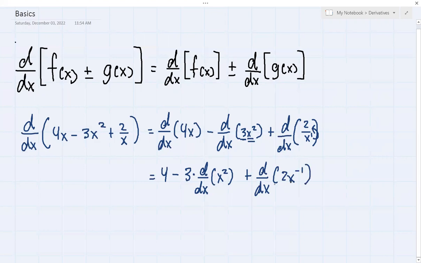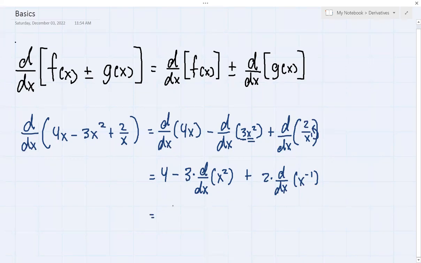And as you can see, meron tayong constant at meron tayong algebraic function na x raised to negative 1. Anong gagawin natin? Ilabas natin si constant. Okay? So magiging 2 times the derivative of x raised to negative 1. O, diba? Yun lang. Okay? Ito yung fourth basic rule of differentiation na tinuro ko sa inyo sa first part.